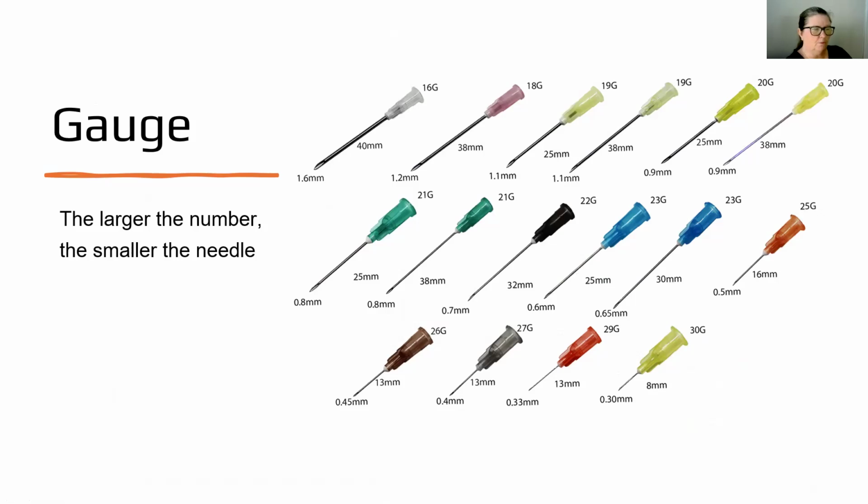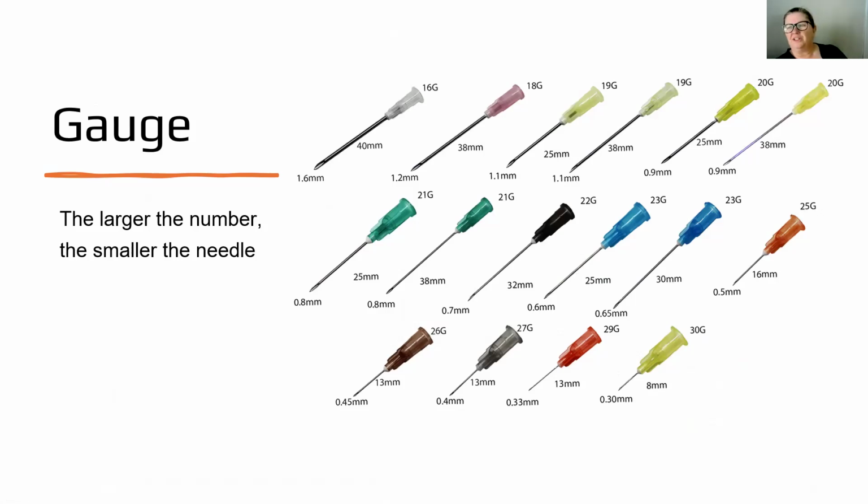When we're doing, say, the IDs, so the allergy shots and the PPD or the TB testing, oftentimes we use a 27 gauge needle for that. So, let me back up actually. 22 to 25 is probably your most common range.